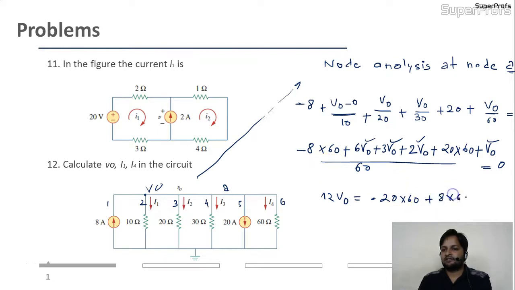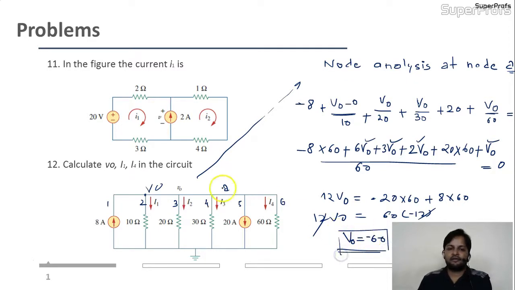So finally 60 into minus 12 over 12 V0, 12 will cancel out. V0 equal to minus 60. So the value of V0 is minus 60 volt.